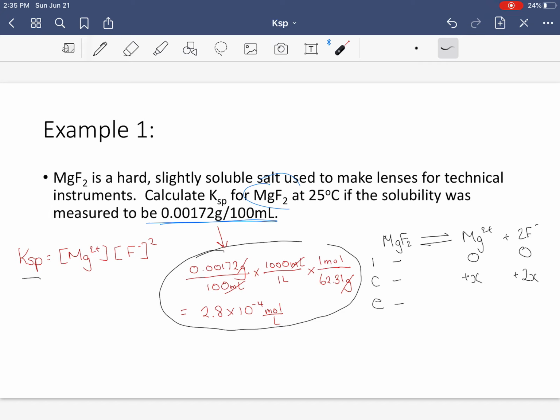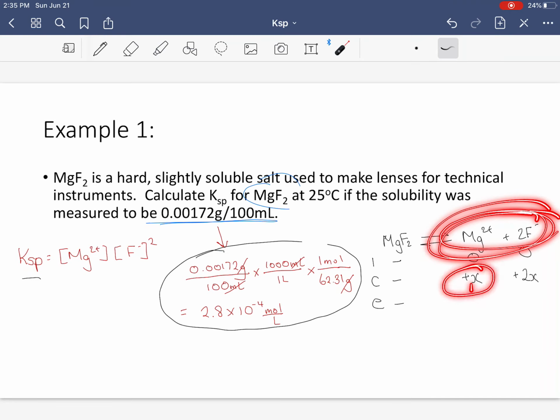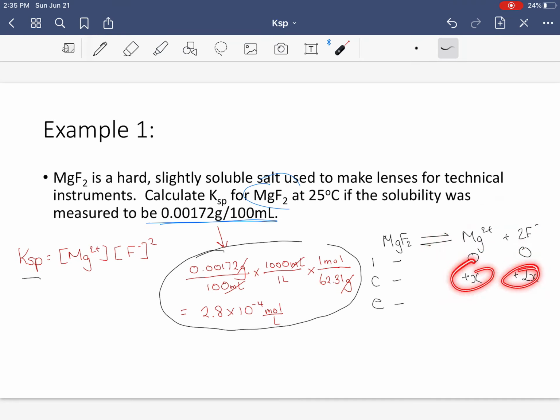As this reaction proceeds, you're going to be making more and more of these, and how much more is based on the molar ratio. So for change, you're looking at plus x and plus 2x, because these started with nothing. They are 0.